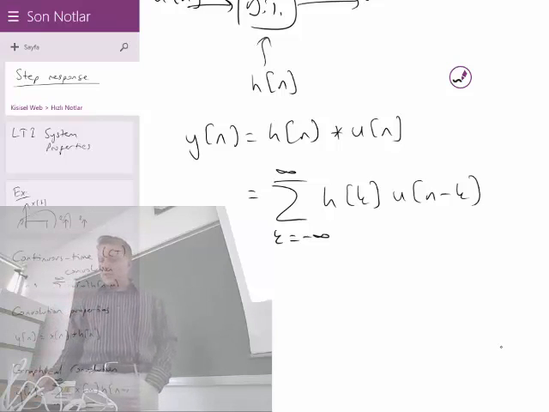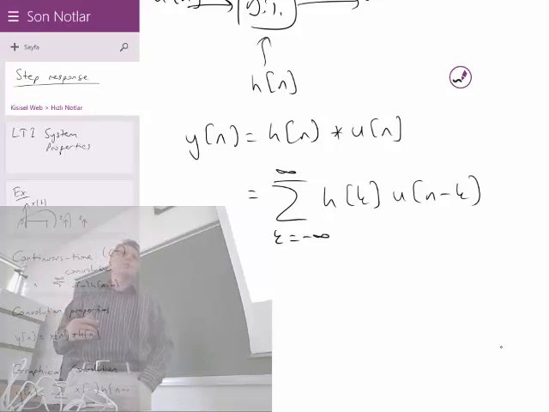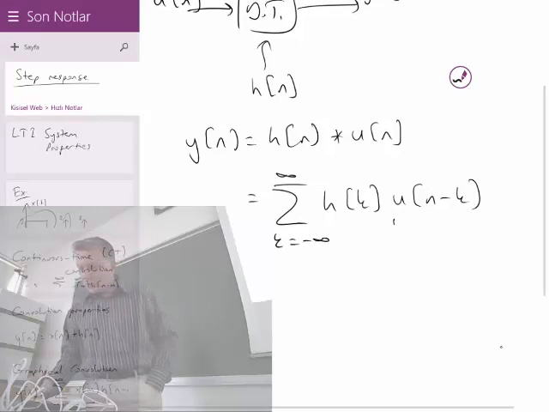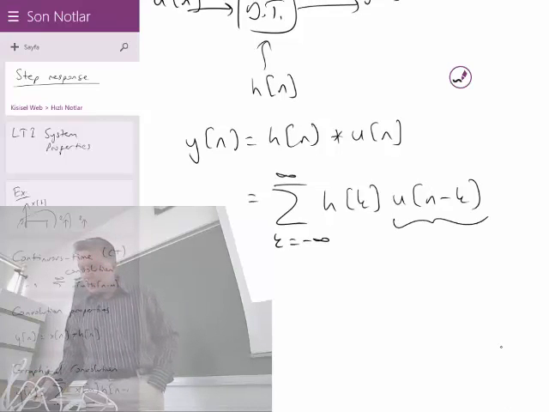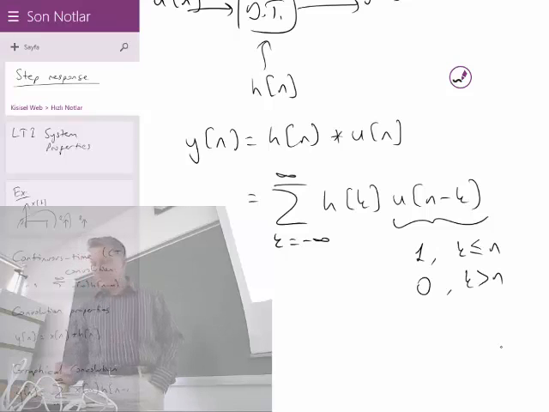It is 1 if n is greater than or equal to k, that is, k is less than or equal to n. And if k is greater than n, then it becomes 0, because u of minus 1, u of minus 2, etc., they are all zeros. So this thing is equal to 1 if k is less than or equal to n, and 0 if k is greater than n.